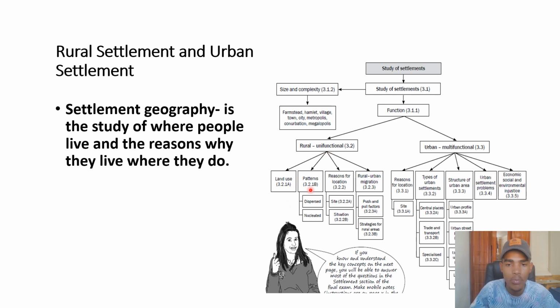Then the land use patterns, reason for location, rural urban migration. So that's what we'll be talking about in today's video.